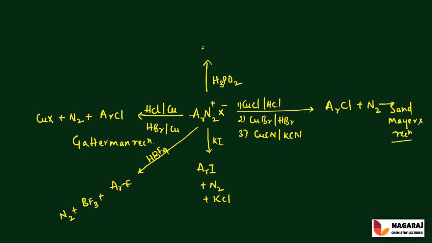So it gives aryl hydrogen, that is hydrogen attached to the aryl group, generally called benzene, plus the diazonium group N2+, and H3PO2 on oxidation is converted into H3PO3, plus hydrochloric acid is eliminated. That is, in the reaction with hypophosphorus acid, arenes are obtained and the hypophosphorus acid is oxidized to phosphorus acid.